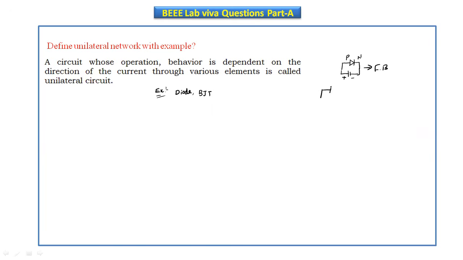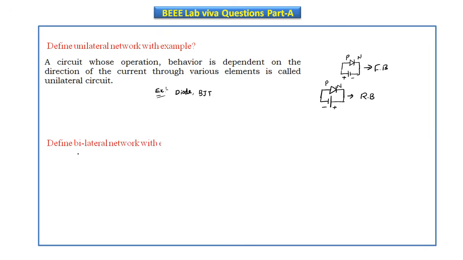Suppose if you change the directions of the supply here, now negative is connected to P and positive is connected to N. Then the diode will be in the reverse bias condition. If you change the direction, the behavior of the diode changes from forward bias to reverse bias. Then we can say that it is a unilateral circuit.